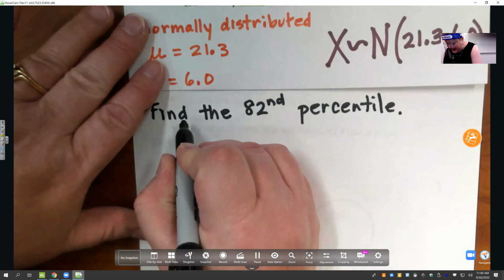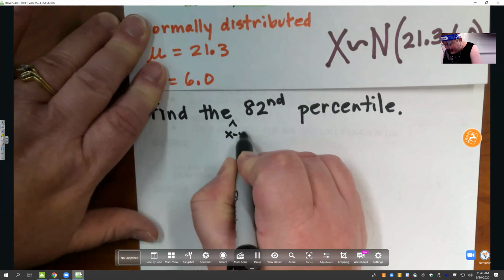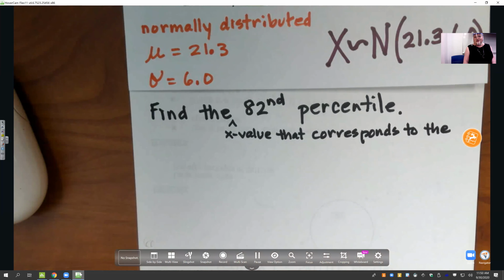They're actually saying find the X value that corresponds to the 82nd percentile. They just shortcut it and just say find the 82nd percentile. But they're really asking you to find the X value that corresponds to the 82nd percentile.